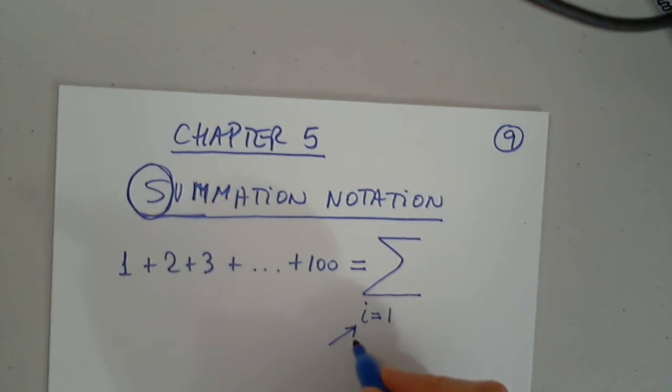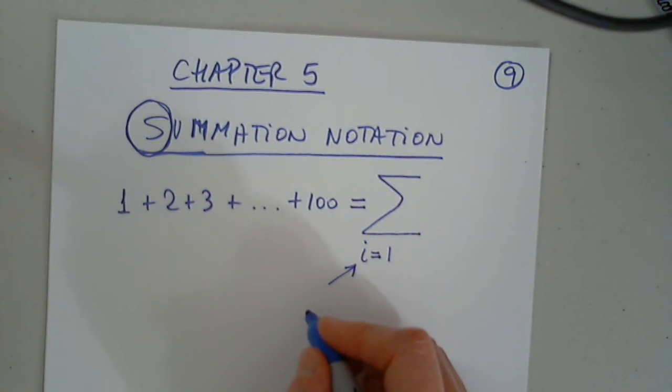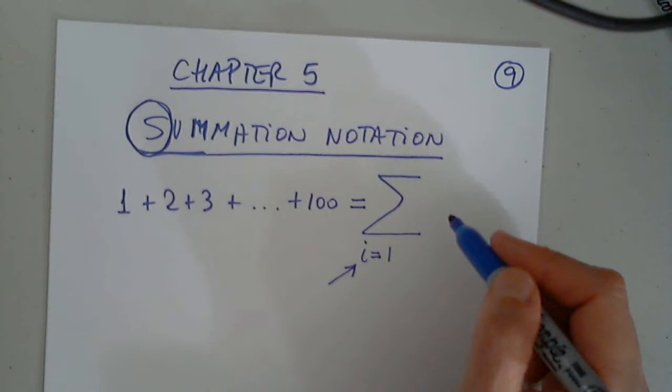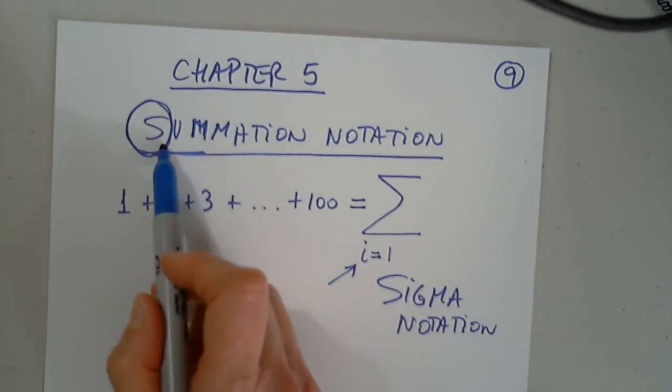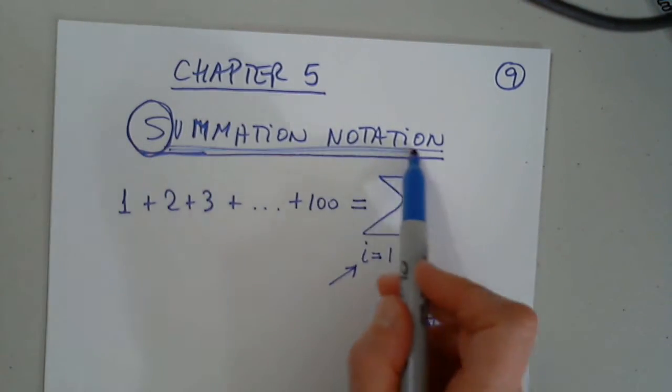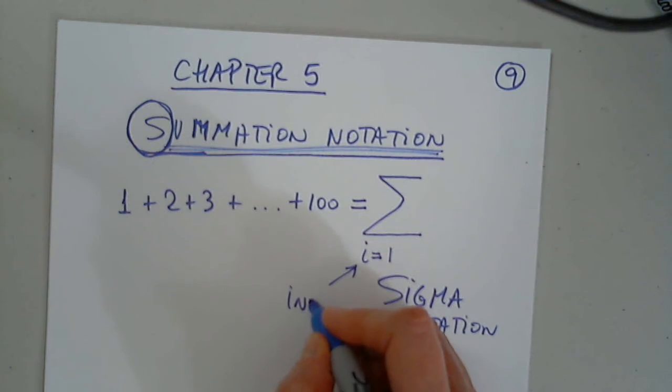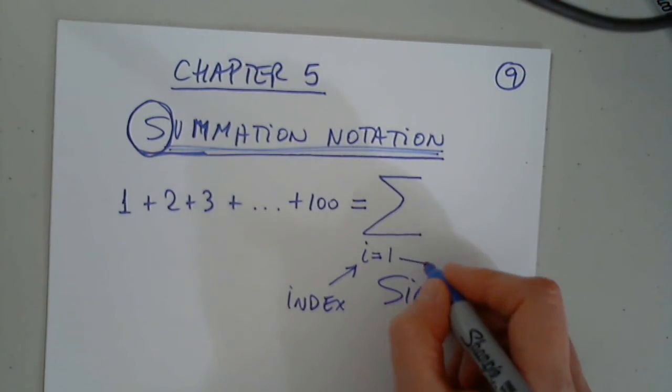So this is the index of the summation notation, or the sigma notation. So this is called sigma notation, or summation notation, same thing. So this is the index. The index has a lower limit.